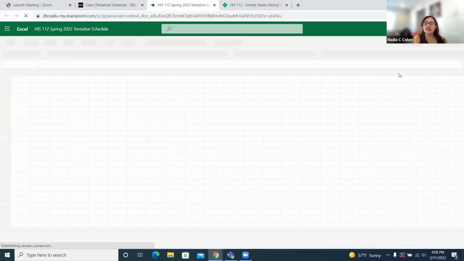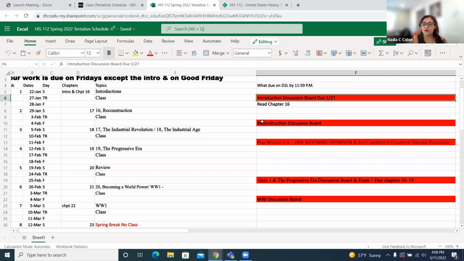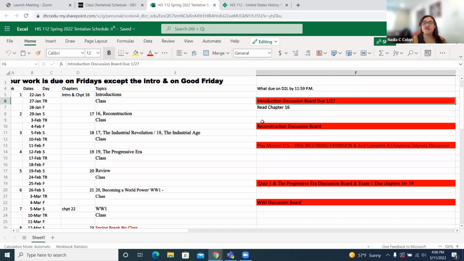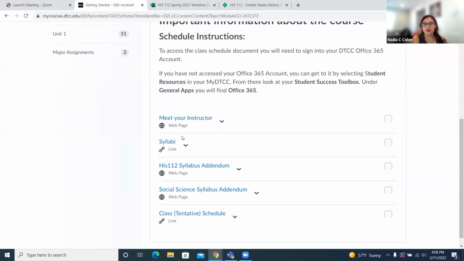Finally, within the Getting Started tab, you will find your class schedule. To access this schedule, you will need to sign into your DTCC Office 365 account, directions for which you can find at the top of the Getting Started tab here.